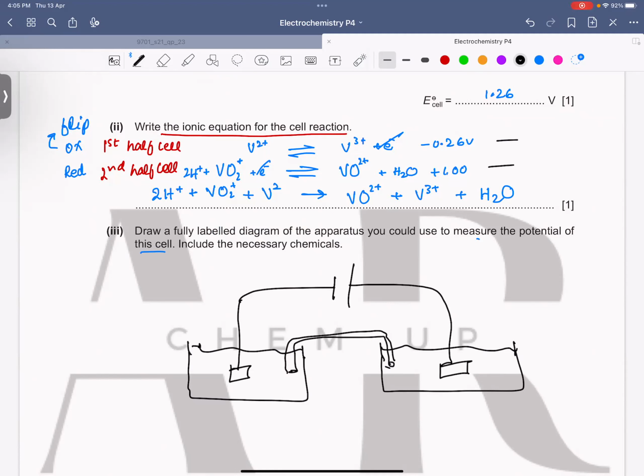So it's like this. Now you have to label it. Okay, no, there is no battery. There must be a voltmeter over here.